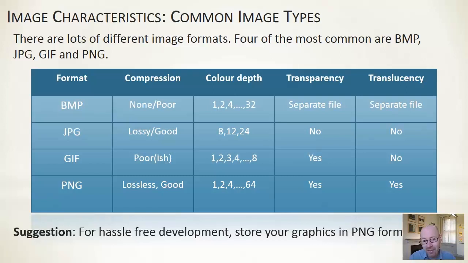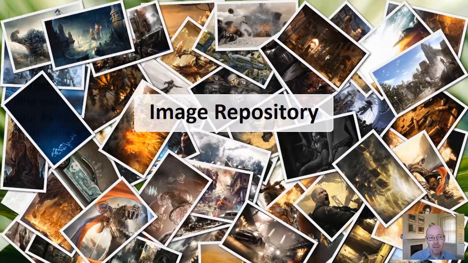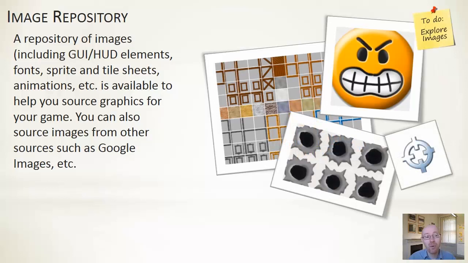We also have an image repository available as part of the module. This is one that students in previous years have put together by way of the images they have collected, and it is going to be available for you to access and to use to help you develop your own game. In terms of the repository itself, it has a number of different aspects.